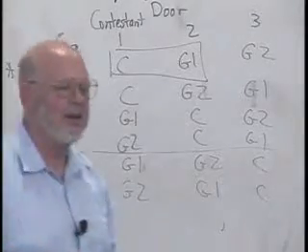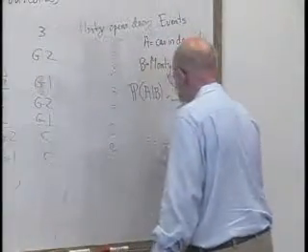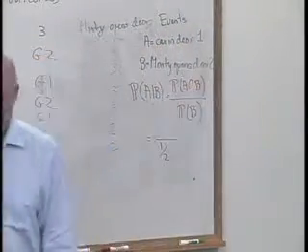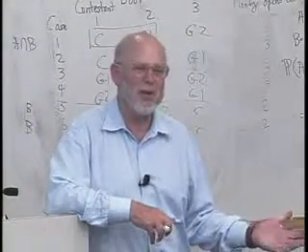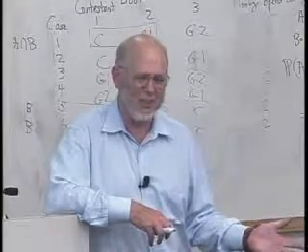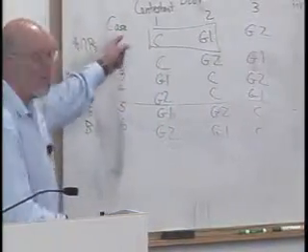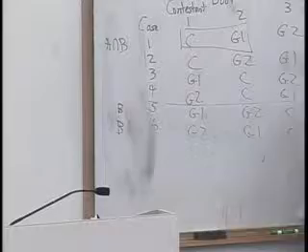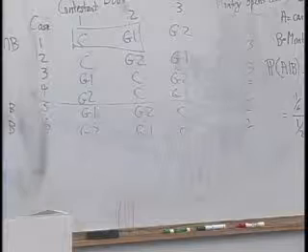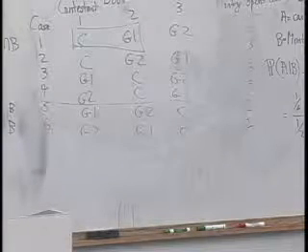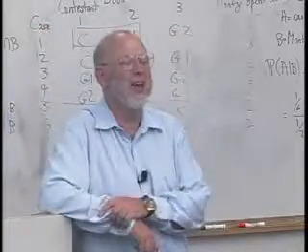So you can say half the time he will open door 2. He's going to open door 2 or door 3. And just on the basis of symmetry, the probability that he'll open 2 rather than 3 is 1/2. And the probability of the event A intersect B is 1/6, because that will happen in 1/6 the cases. So the probability that the car is behind door 1, given that he has opened door 2, is still 1/3.